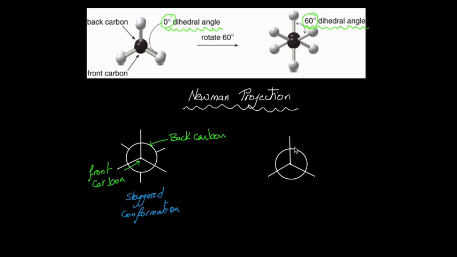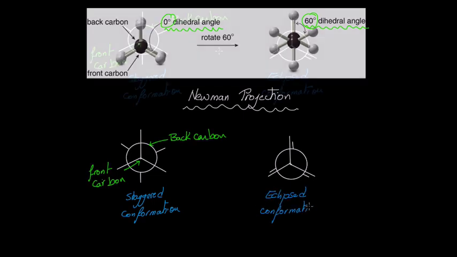And then for the bonds on the back carbon, we can simply draw 3 bonds with a dihedral angle of 0 degrees. This is going to be the eclipsed conformation.